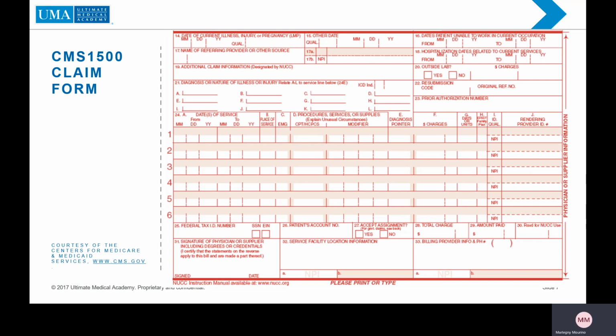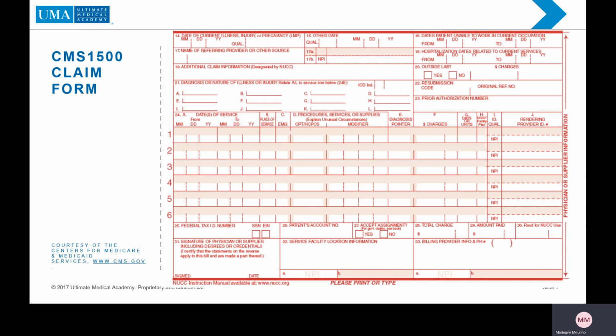So for 14, which is up here, date of the current illness, injury, or pregnancy. 15, if patient has had the same or similar symptoms or illness, you're going to enter the first date of treatment for the same or similar illness. For 16, or form locator 16, the dates that the patient was unable to work in current occupation.